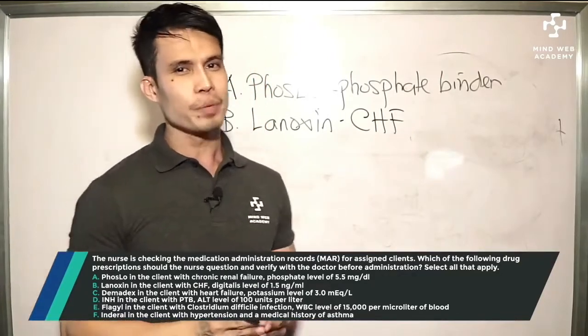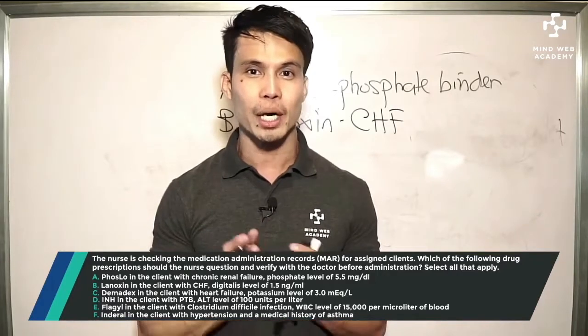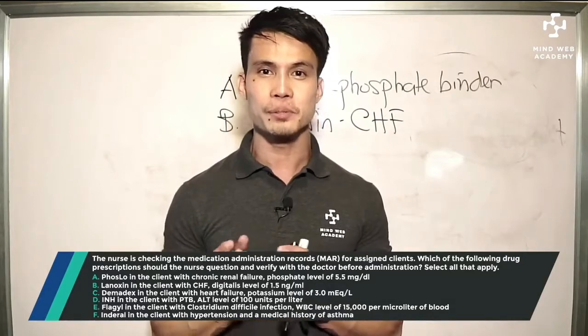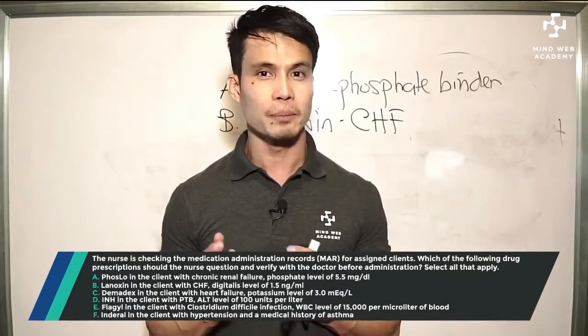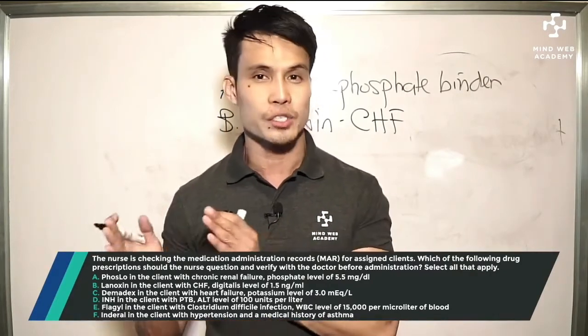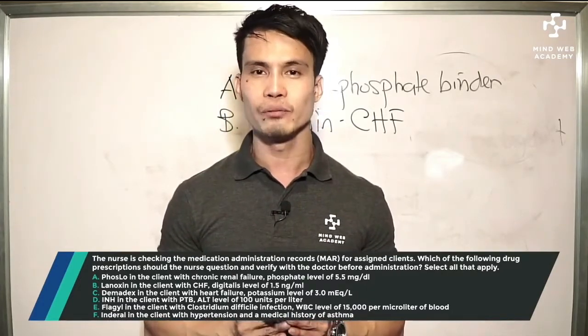But remember, your lanoxine or digitalis has a narrow margin of safety. When I say a drug with a narrow margin of safety, the therapeutic dose is very close to its toxic dose. That's why you need to regularly get the blood levels of your lanoxine.